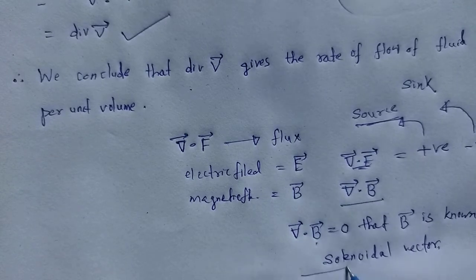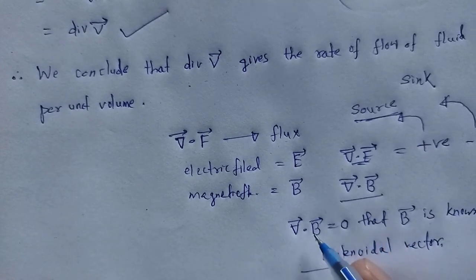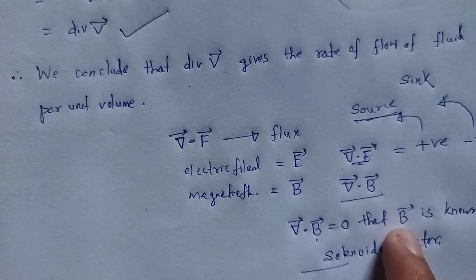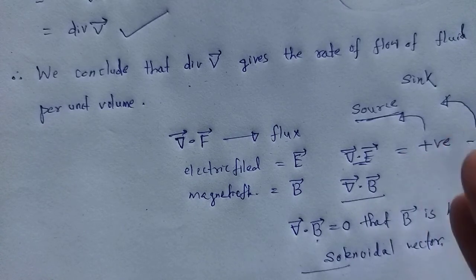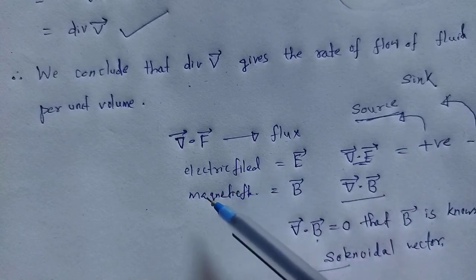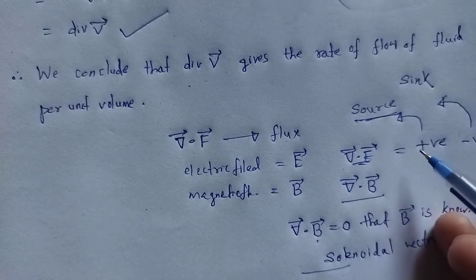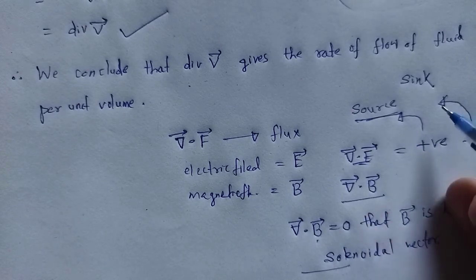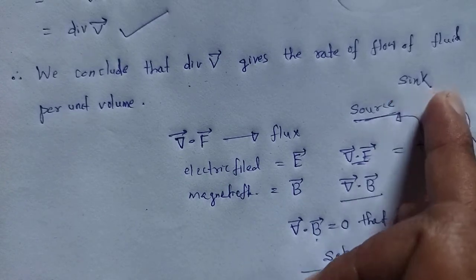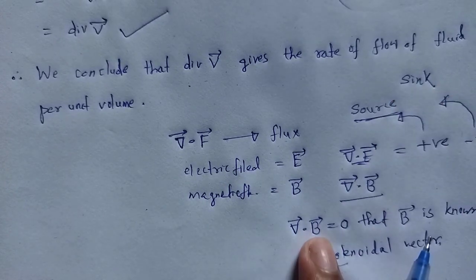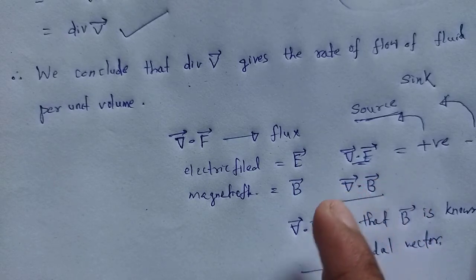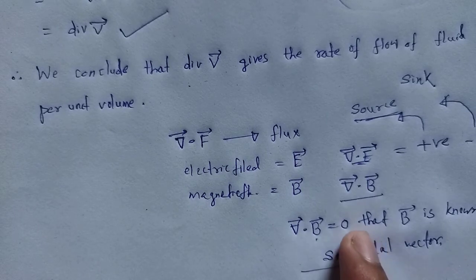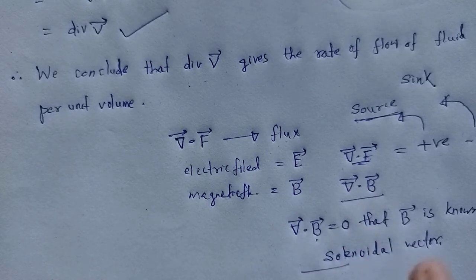What is the solenoidal vector? If its divergence is 0, then that vector is known as the solenoidal vector. In this way, we studied some notes related to divergence. If the divergence is positive, that point is treated as source, and if negative, then the sink. And if the divergence of any vector, grad dot B or grad dot E, results 0, then that vector is considered as the solenoidal vector.